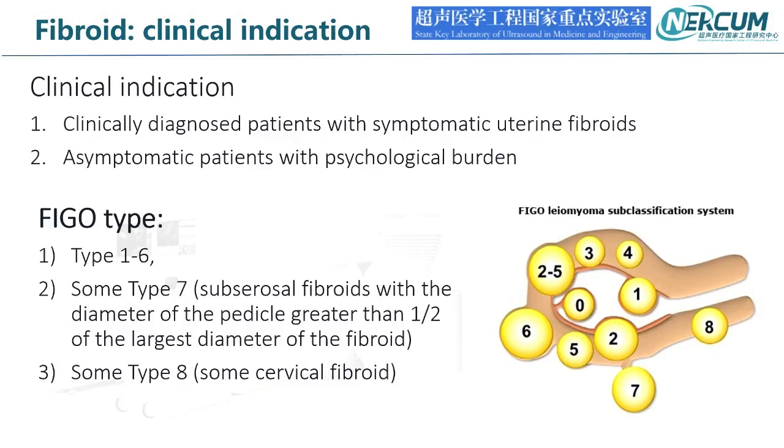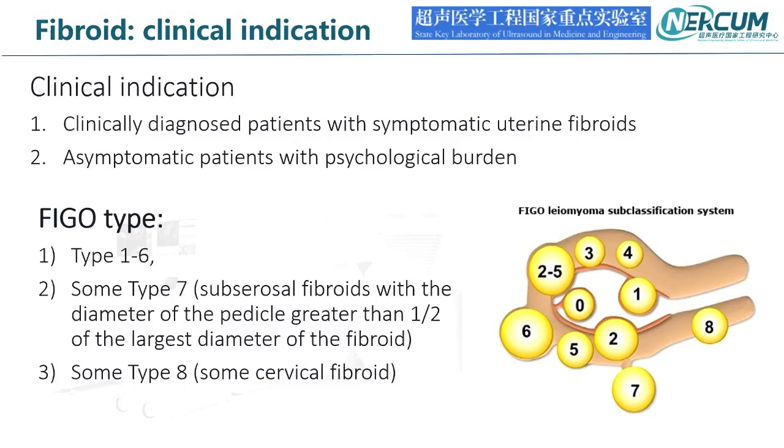According to the clinical indication, the indications are symptomatic uterine myoma, or patients without symptoms but with psychological burdens. For this kind of patient, these are also indications for the FUS.